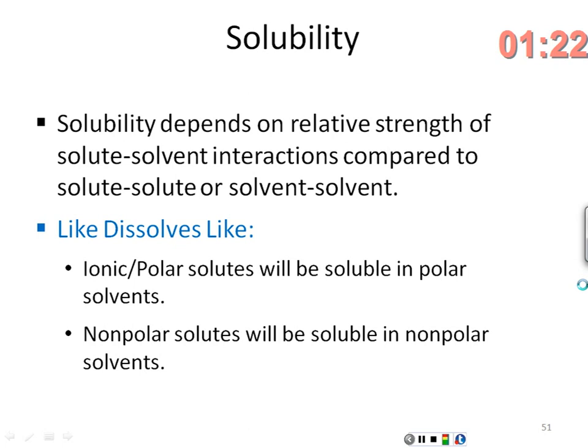And one important rule to remember with solubility is that like dissolves like. What that means is ionic or polar solutes are going to be soluble in polar solvents. Nonpolar solutes will be soluble in nonpolar solvents.